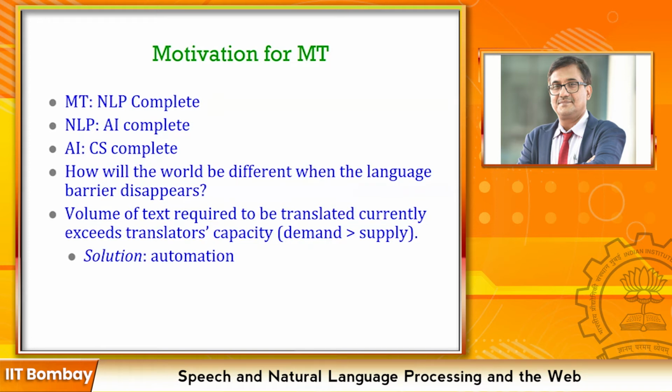Okay, so machine translation has always remained, right from the beginning, a very live and relevant problem. In fact, the whole of computer science is said to have started with machine translation, when in the 1960s USA and Russia were involved in the Cold War, and each country wanted to understand what the other country is trying to do.